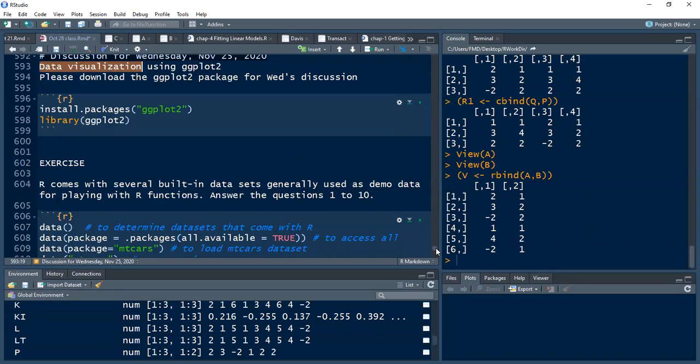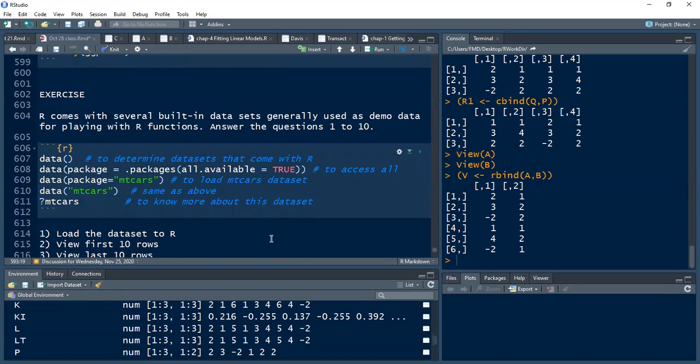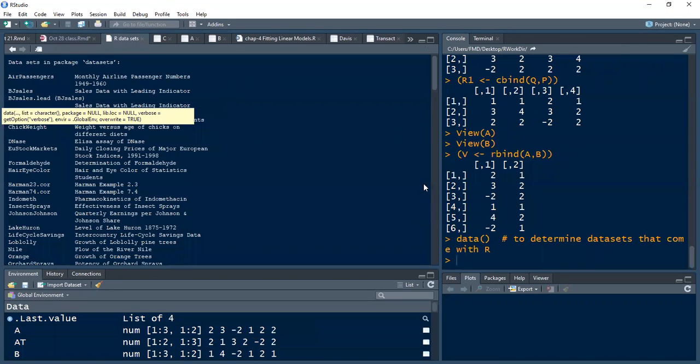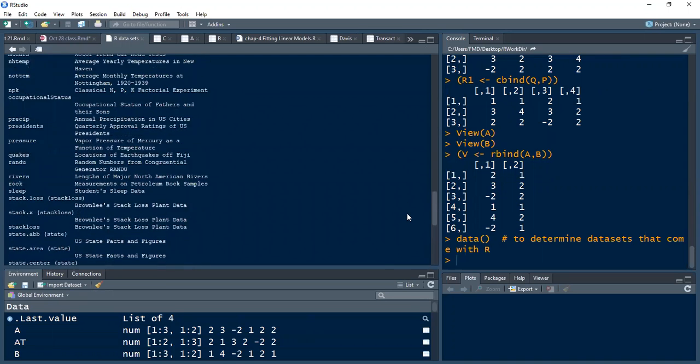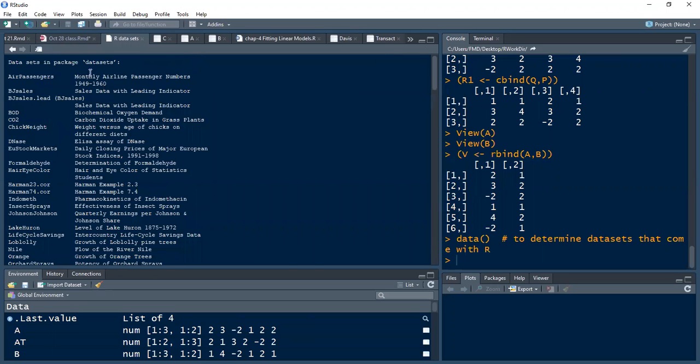All right, so for your practice, guys, if you run this data, okay, so let's run this data. This will give us the data that come with the packages in R. So you can actually make use of several data sets that come with R. In fact, we're going to use AirPassengers next meeting also.